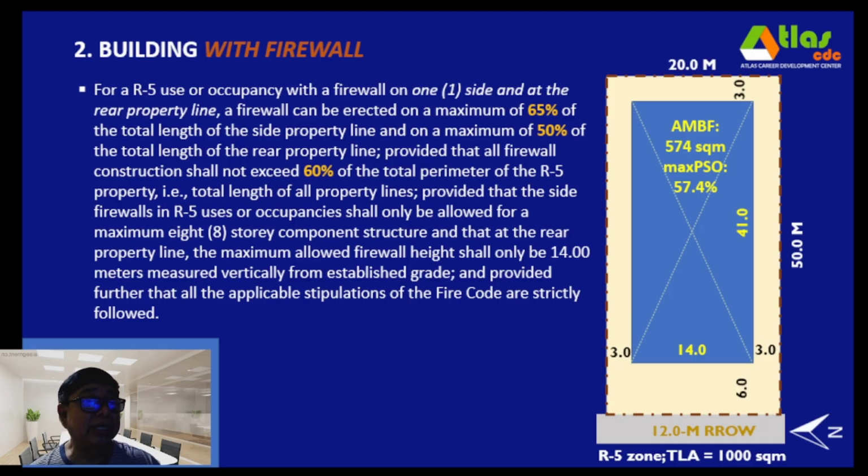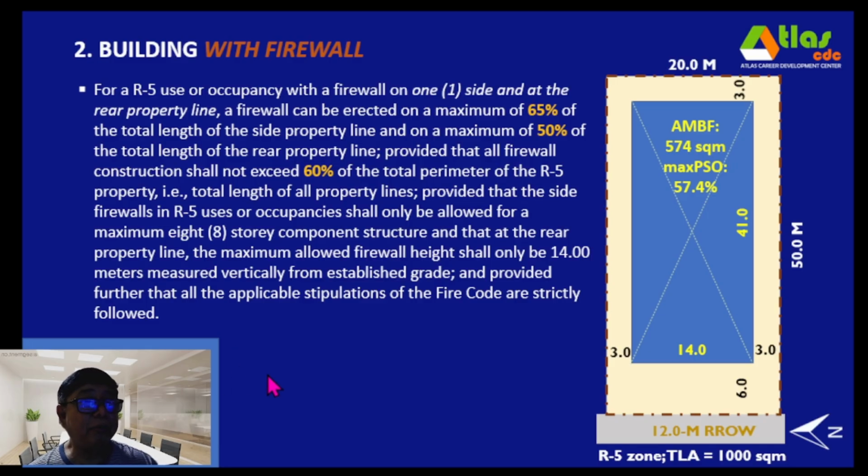So same as kanina, the both sides, no? And that at the rear property line, the maximum allowed firewall height shall only be 14 meters. So mas mababa yung sa rear. Almost 5 floors. A little below, no? Measured vertically from established grade, and provided further that all the applicable stipulations of the fire code are strictly followed.